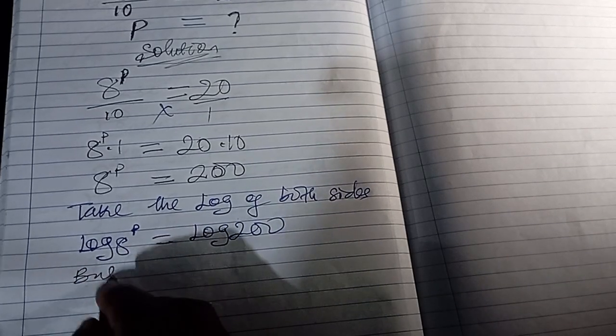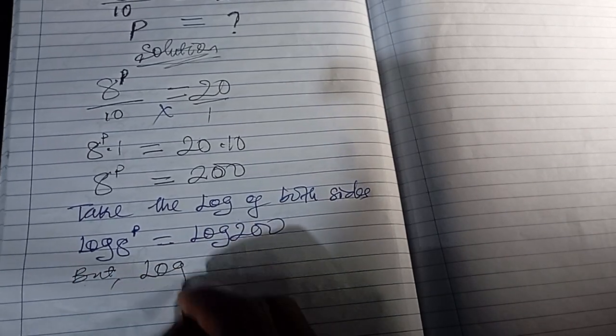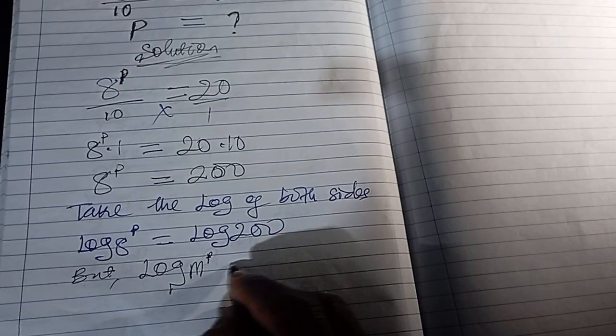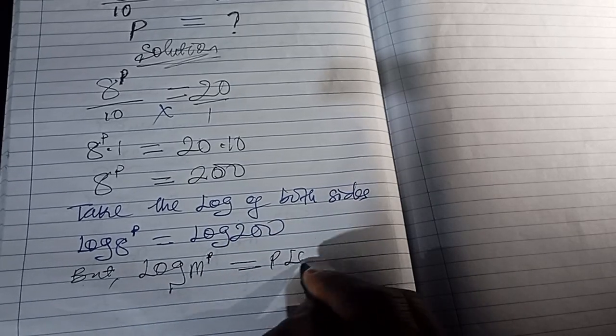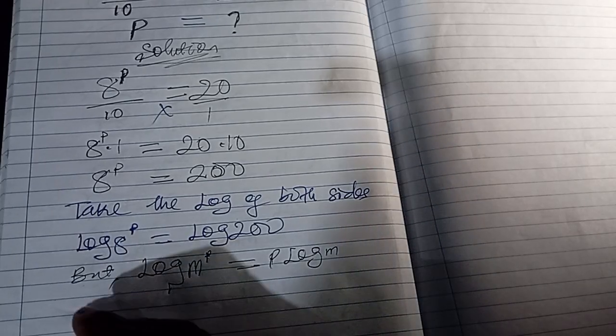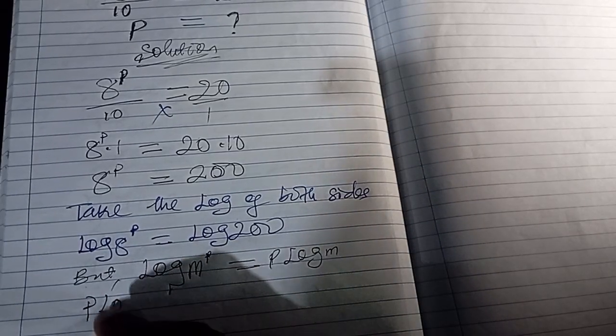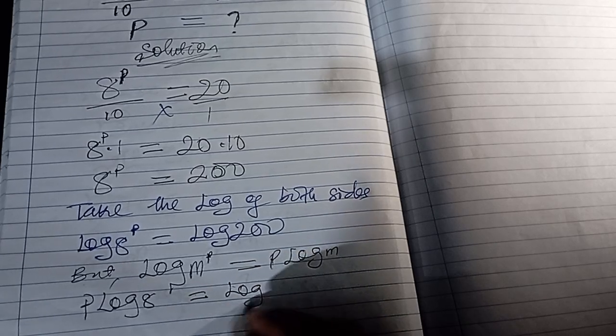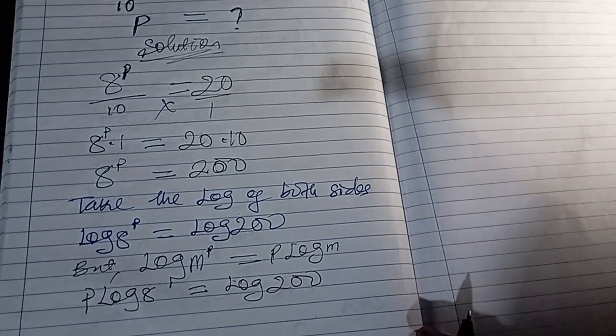But log m raised to power p is the same as p log m. So we are going to have p log 8 here. So I will have p log 8 is equal to log 200.